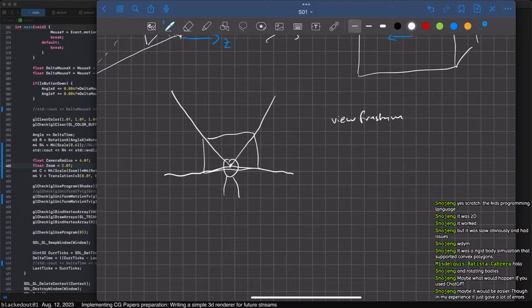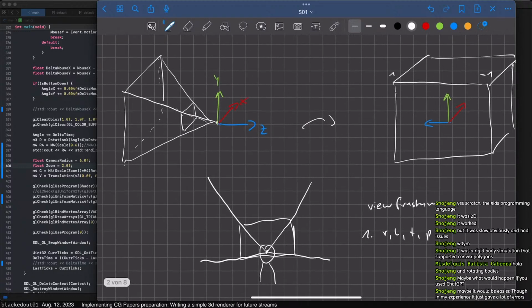The first way to make this really correct is you define a function that takes the right position, so right, left, top, bottom.